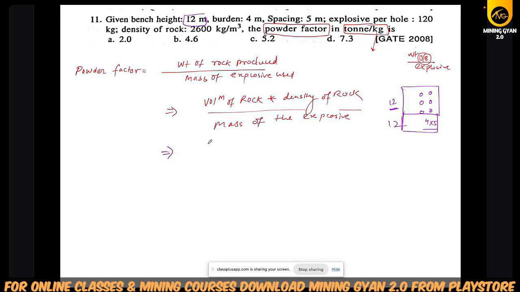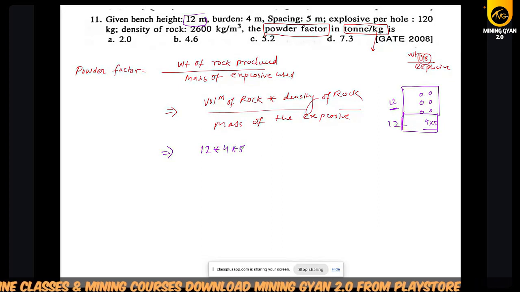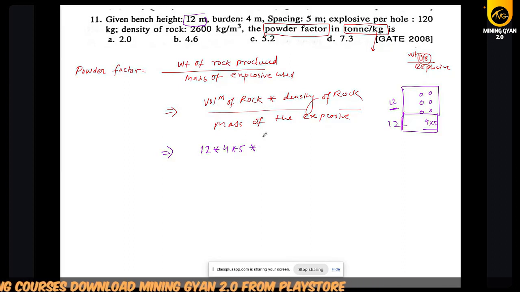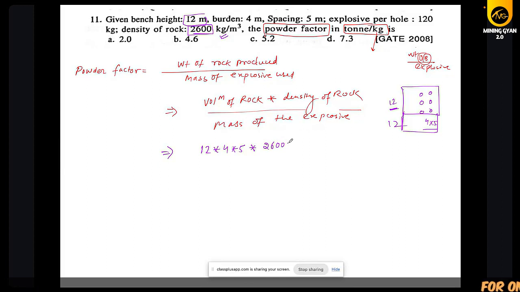So the volume will be 12 into 4 into 5, and density is 2,600 kg per meter cube. If you convert to ton, then it will be 2,600 divided by 1,000, or you can also write 2.6.